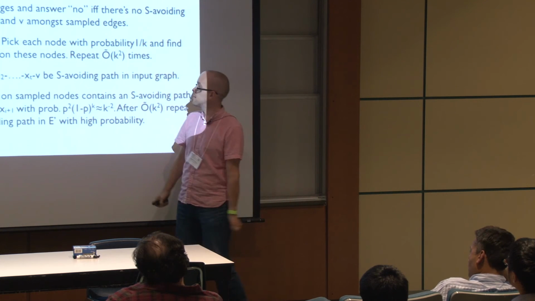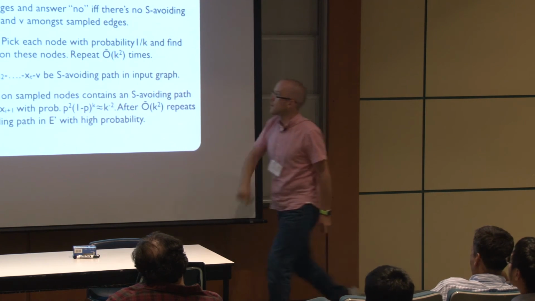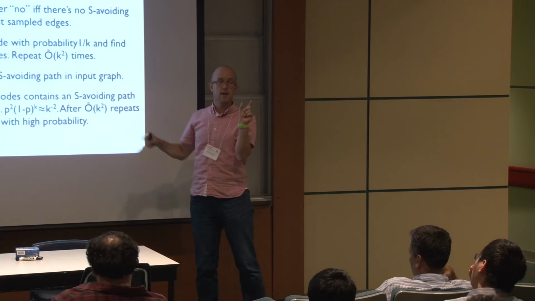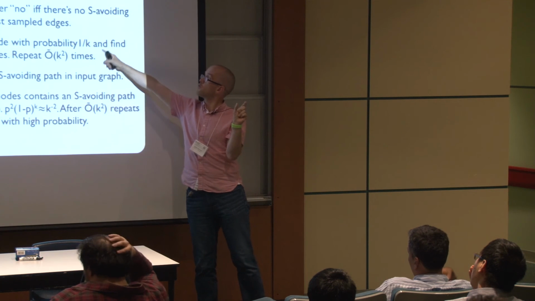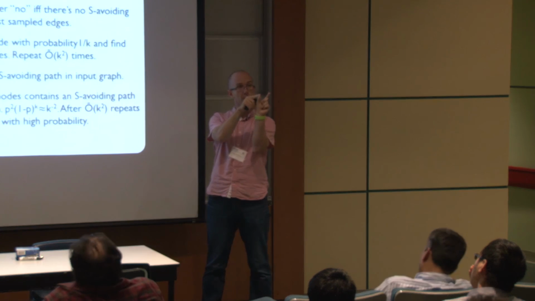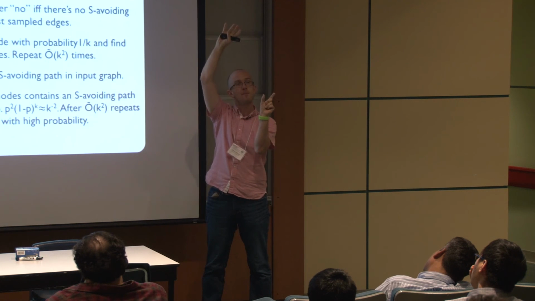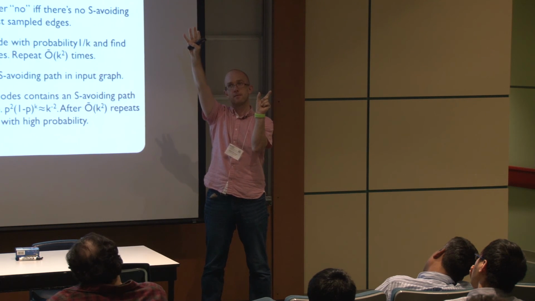Well, to do that, consider any two nodes along this path, say x_i and x_{i+1}, and observe that there's going to be a path between x_i and x_{i+1} in one of these spanning forests if, in one of the repeats of this algorithm, you sampled both endpoints, x_i and x_{i+1}, and you didn't sample any nodes in S.